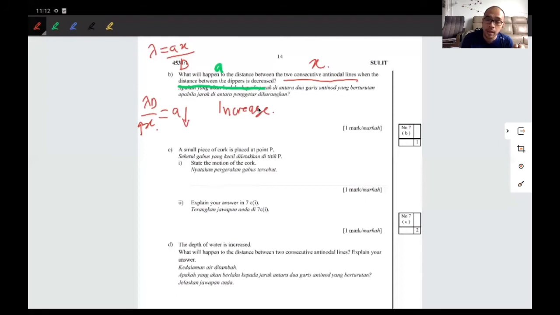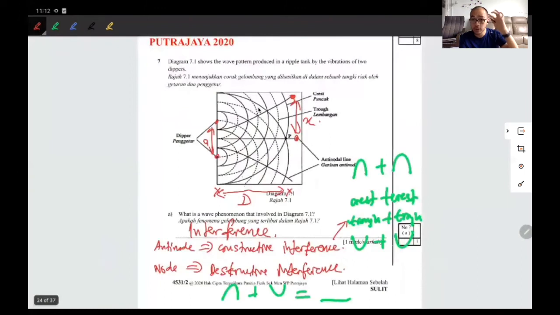One thing I have to say about this question is that it is a very popular question, because a lot of students will know what is A, what is X, and what is D in their own language or their own understanding. A is this distance, X is this distance, D is this distance.